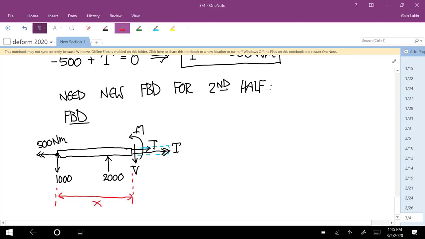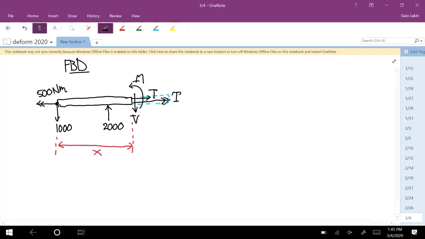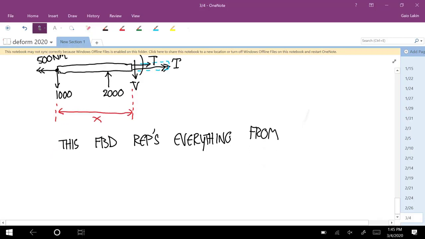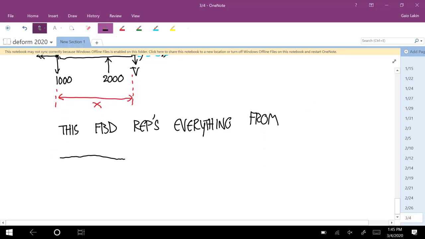Okay. And this represents everything. So this free body diagram represents everything from this, where the roller's right there.